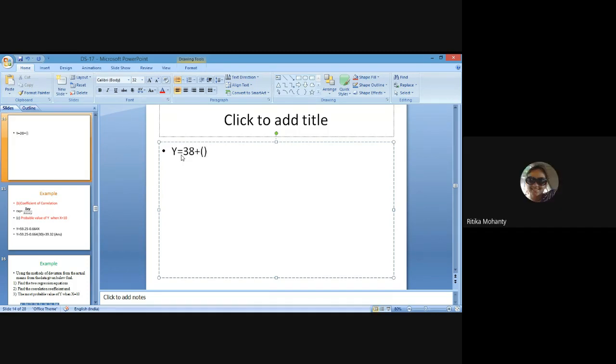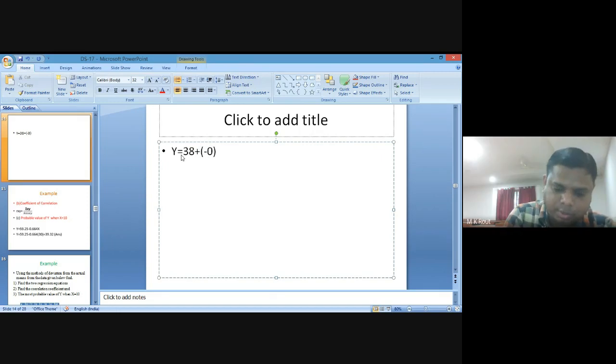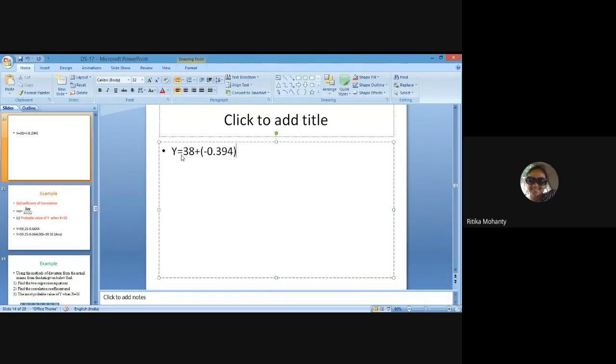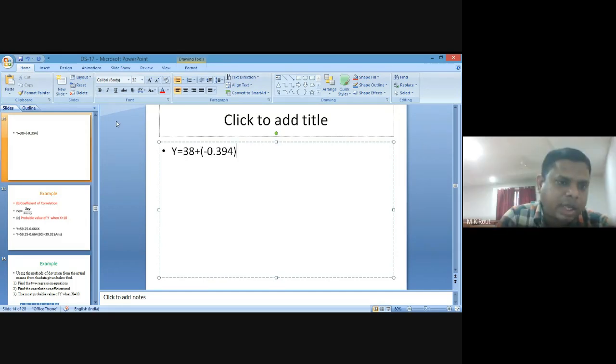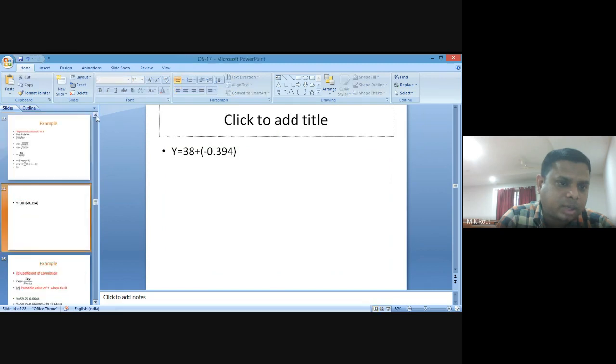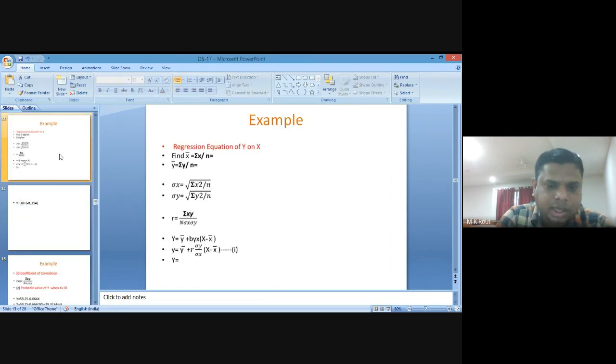Minus 0.394. And what is the value of sigma? 3.74 by 6.3. Here it will be byx, which we have not calculated. The byx is already converted into this one: r into sigma y divided by sigma x. Is it clear?